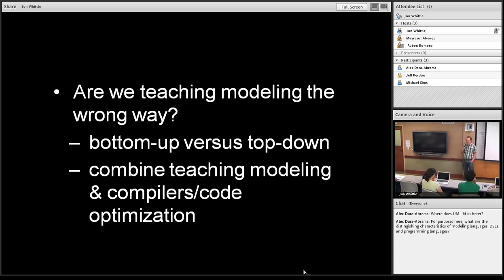If you look at the way that modeling or even software design more generally is taught in universities, it's typically taught in a very top-down way. Software 101: first you do your requirements, then you do your architecture, then you do the design, and then finally you start to do some code, and then you test that. It's still taught in this top-down waterfall model, which students have a lot of trouble with because they're being asked to design a system that they don't really fully understand yet because they haven't had a chance to code it up.